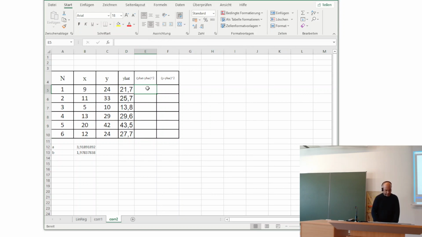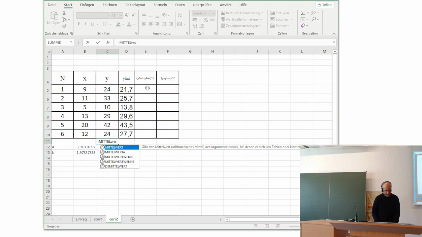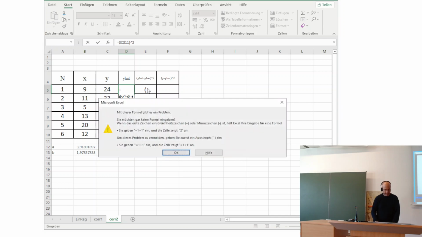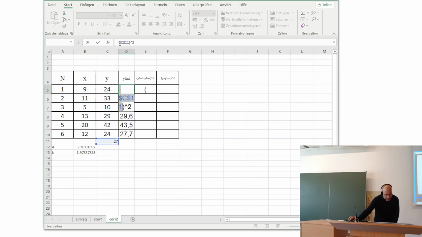And for y hat minus y bar, we need y bar. This is then, in German, Mittelwert of y, and y hat minus y bar 27, this again we have to fix, squared. There is something missing. This is the y and bracket. Oh, this was wrong. Here we are again.